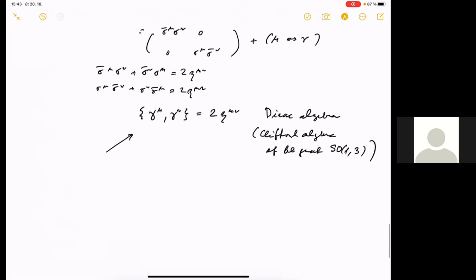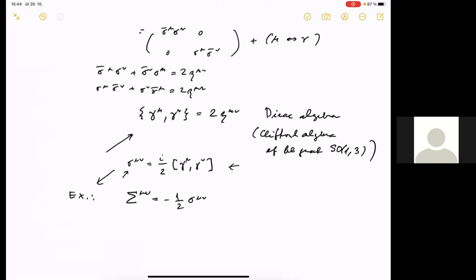For instance, if we form from these matrices new matrices sigma mu nu, which are defined as i over 2 times the commutator of gamma mu and gamma nu, it can be easily shown, and I leave it as an exercise for you, that the objects capital sigma mu nu, which is minus 1/2 of this smaller sigma mu nu, it is just the notation. We could start with this capital sigma but usually everything is expressed in terms of this small sigma.